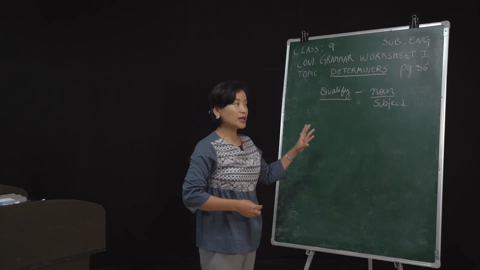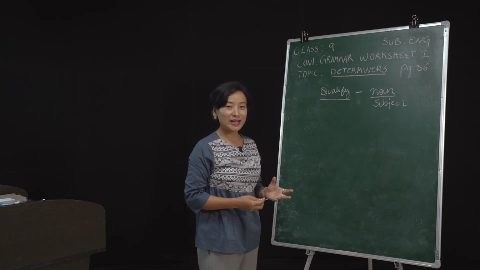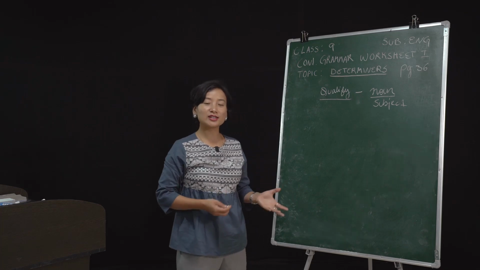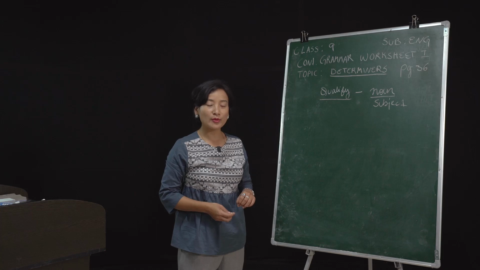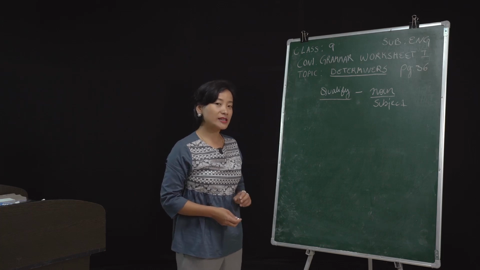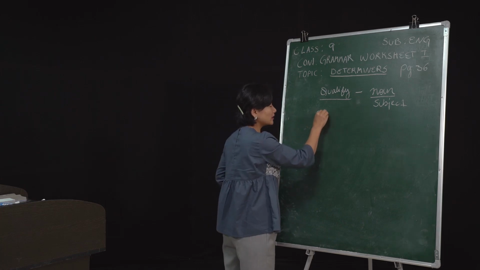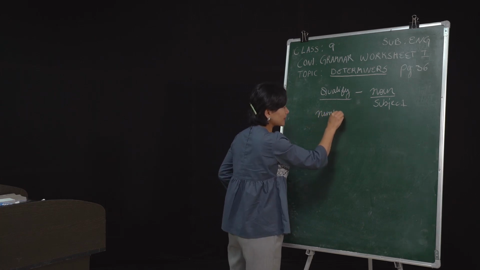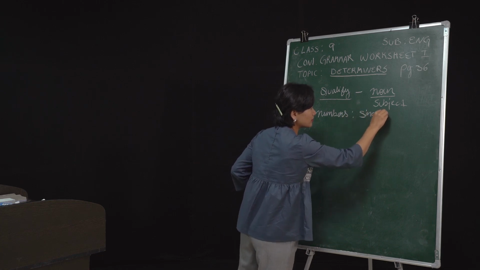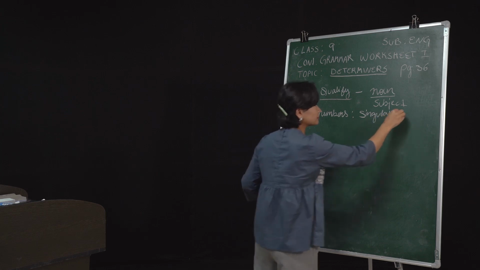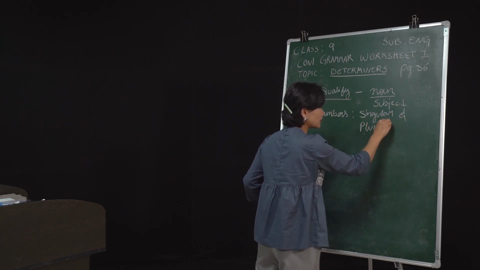When we talked about determiners, you need to remember that we are talking about numbers here. Now you may be wondering, this is an English class, what do we have to do with numbers? But let me tell you, in grammar, we have two numbers, that is singular and plural. So here we are talking about numbers, and numbers concerning singular and plural. All right?